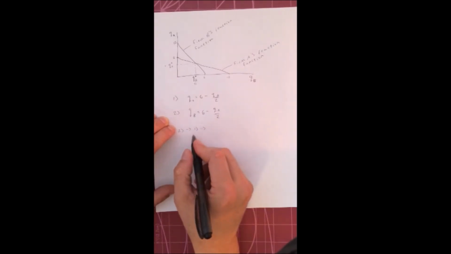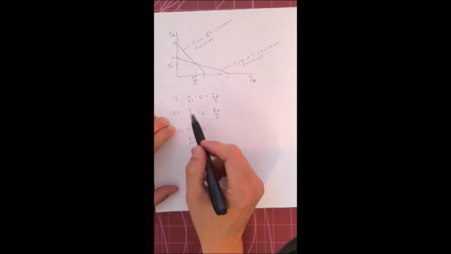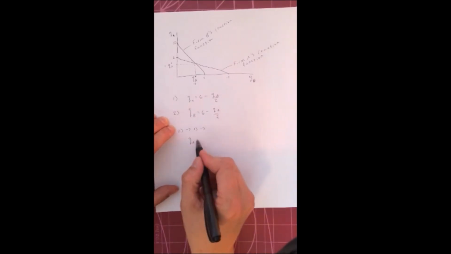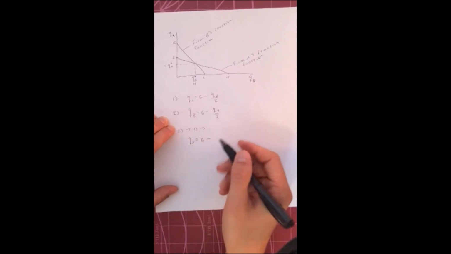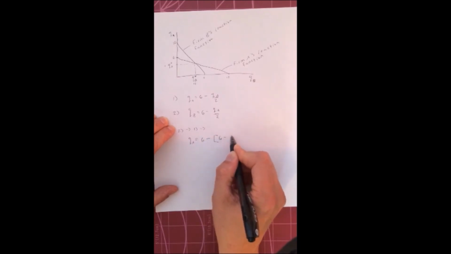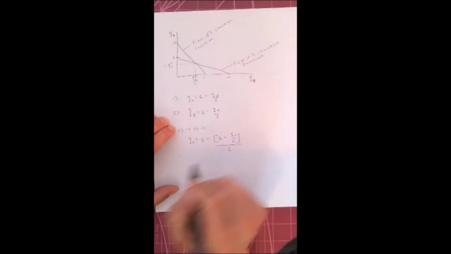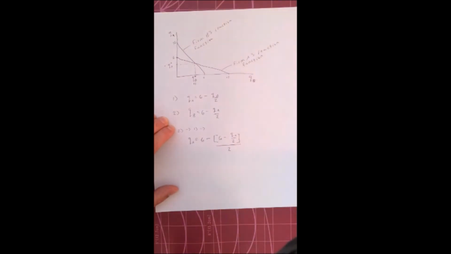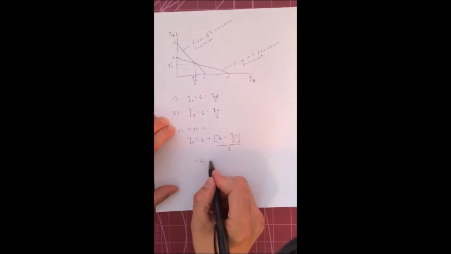So QA equals 6 minus this whole thing divided by 2. Simplify this.